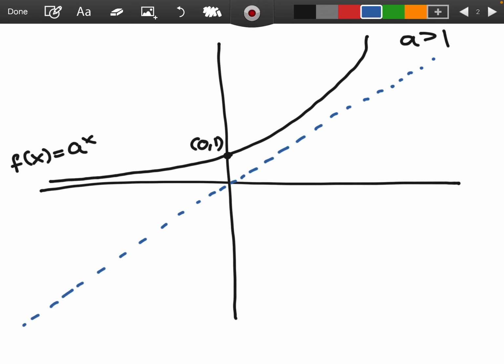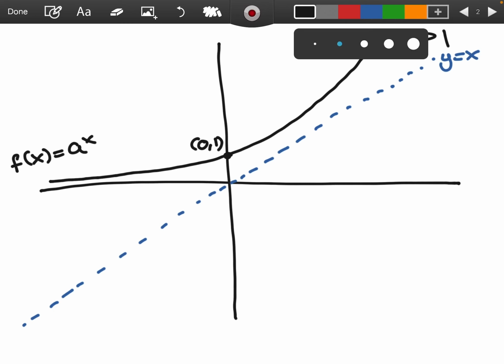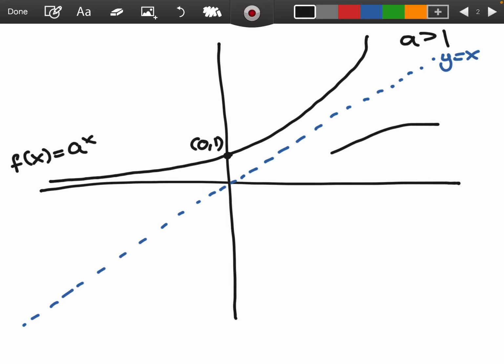It turns out, if I go ahead and dot in the line for y is equal to x, that the graph for log base a of x is just the inverse of a to the x. These two functions are inverses of one another.